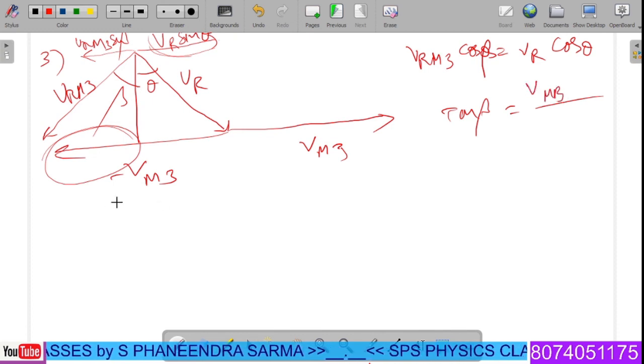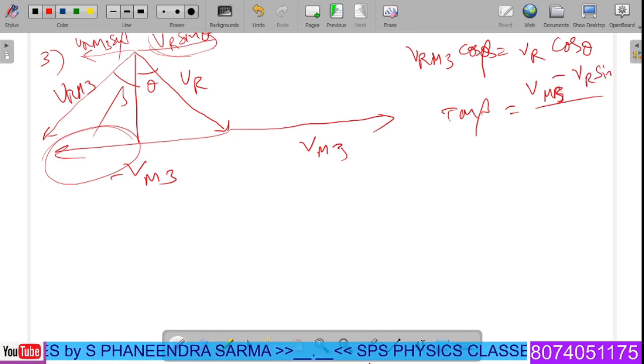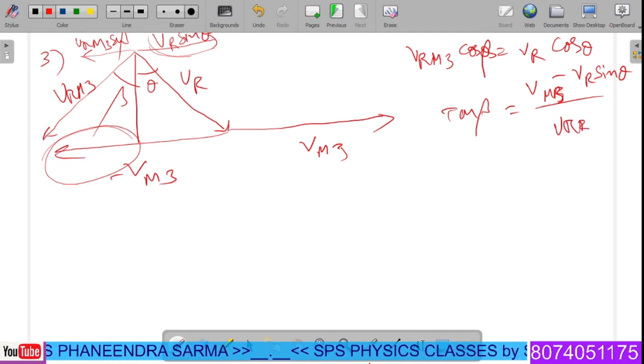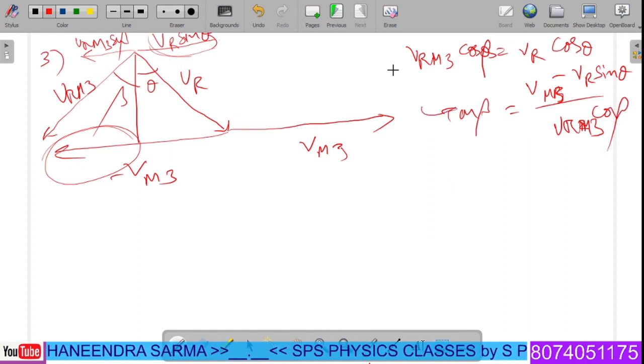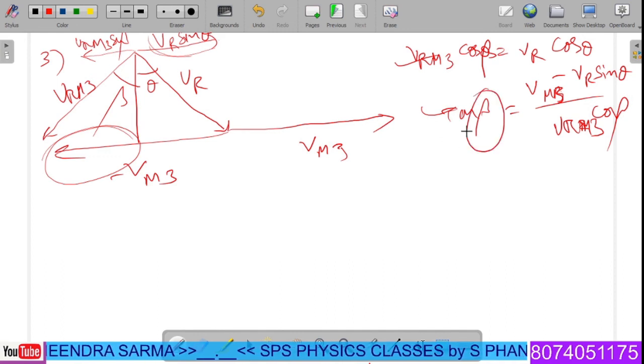Vm3 minus VR sin theta, by the adjacent side, which is nothing but VRM3 cos beta. Using these two formulas one can determine the value of beta here, and any one of the concept examples given, you can find out using this particular concept.